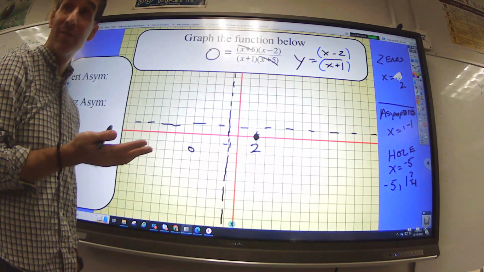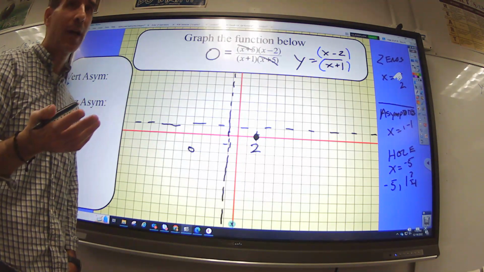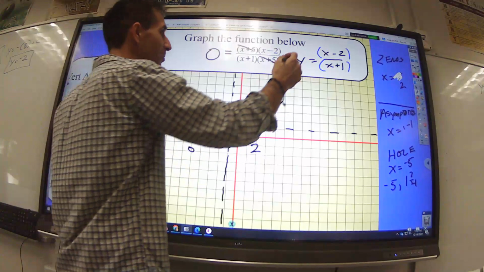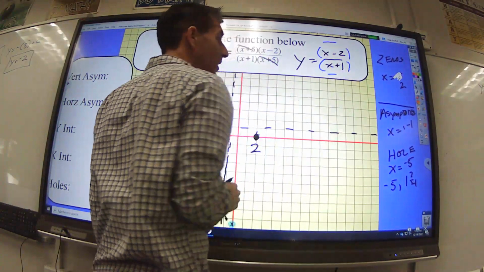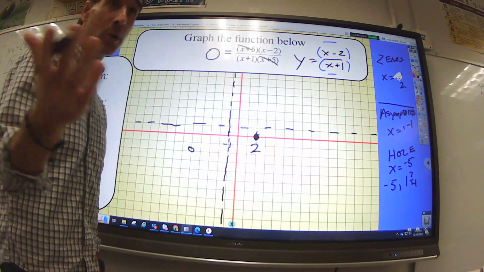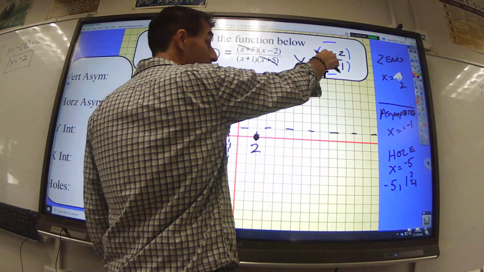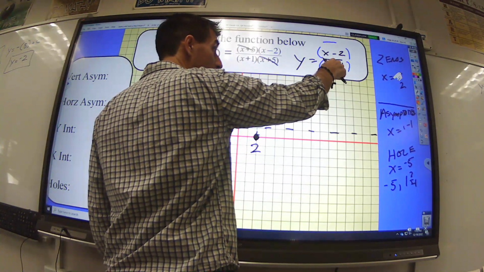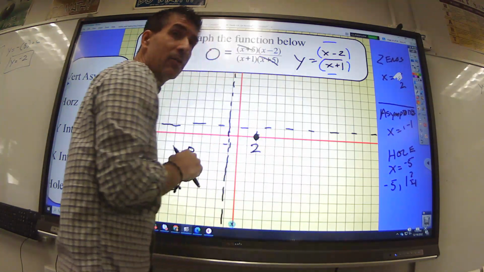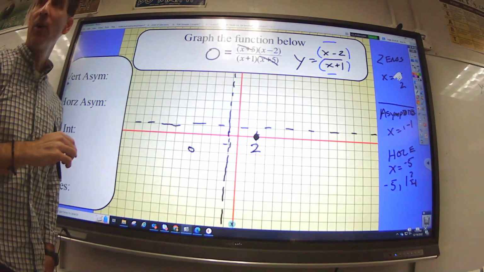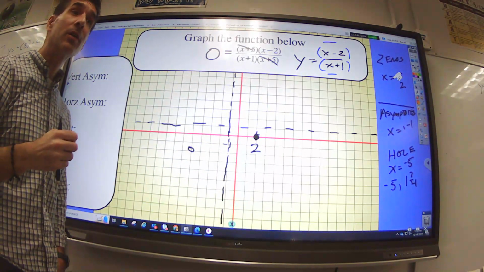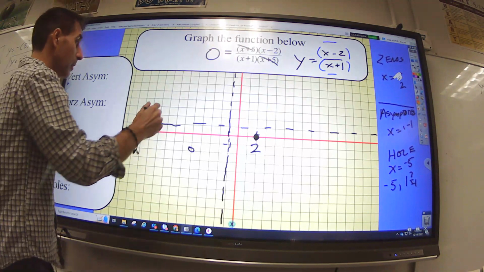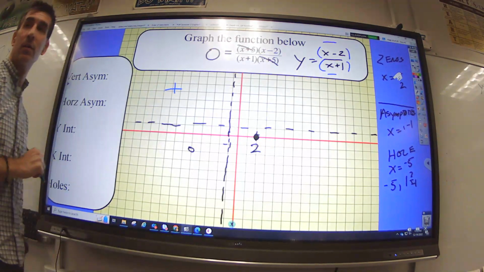It's not necessarily better, but it's easy because -1,000,000 is going to make everything negative. If you pick -2, would I get the same answer? What's -2 minus 2? -4. What's -2 plus 1? -1, still negative over a negative. And with 2 negatives, what do 2 negatives make? Positive. So I got a positive there.